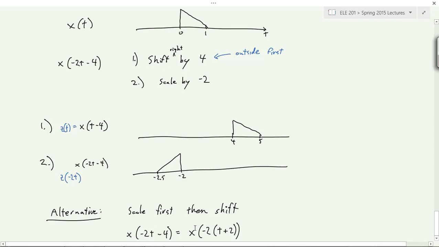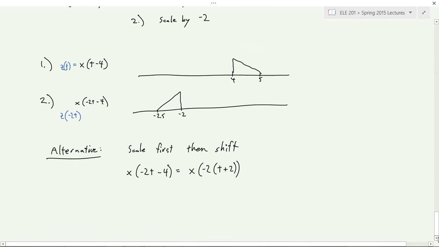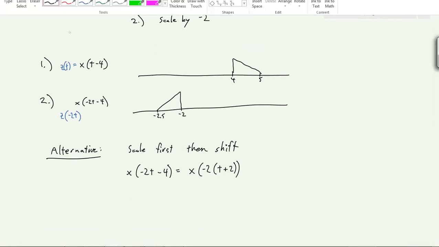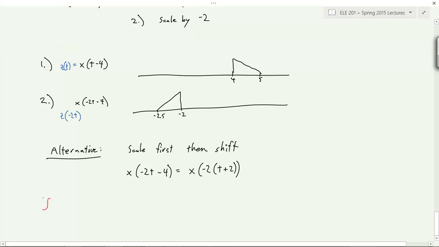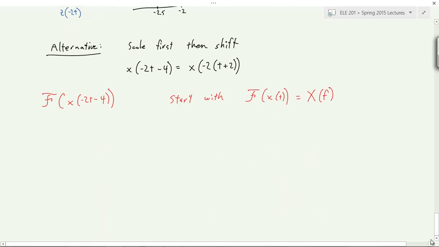I want to connect this to the Fourier transform as the last thing. We might want to know what is the Fourier transform of x of -2t minus 4, from a starting point that we're given the Fourier transform of x. Then we'll just say that is capital X of f. Then we can use the rules we learned about the Fourier transform. We've done two things to this signal, so we should apply the two rules.